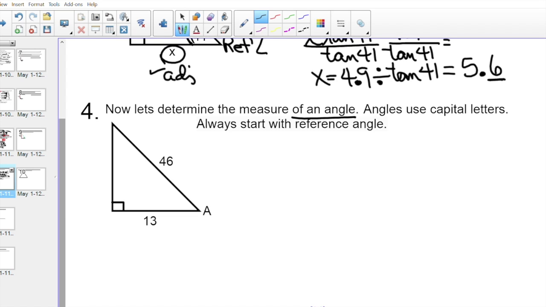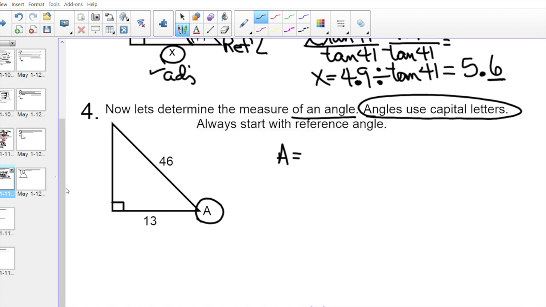Now the next setup is, let's determine the measure of an angle. Now angles use capital letters. So if you look at my diagram, I have A there. The other angles don't have one, so that means I'm trying to indicate emphasis, I want to know the measure of angle A. So I'm going to put my little parentheses to indicate that one.